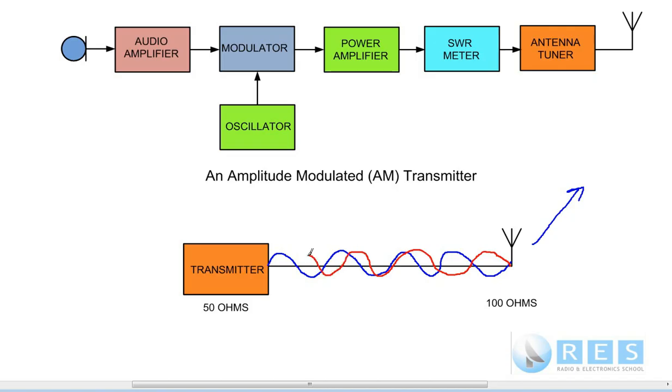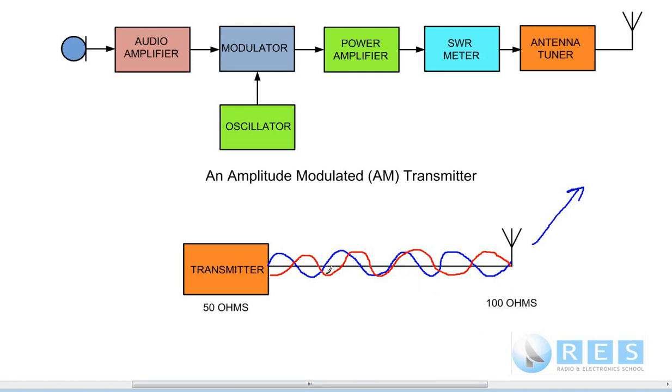So there's the reflected wave. Bit rough, but this is going to give you ideas. The blue line is the forward power or wave coming from the transmitter to the antenna. Some of it is radiated, some of the forward wave is reflected, and I've shown that in red, and that's the reflected wave traveling back to the transmitter.